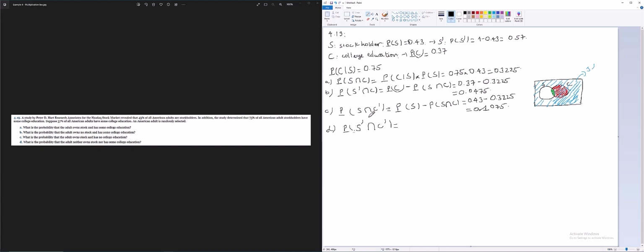And that's going to be P of S prime minus P of S prime intersect C, which is from part B. And that is 0.57 minus 0.0475. That's 0.5225.